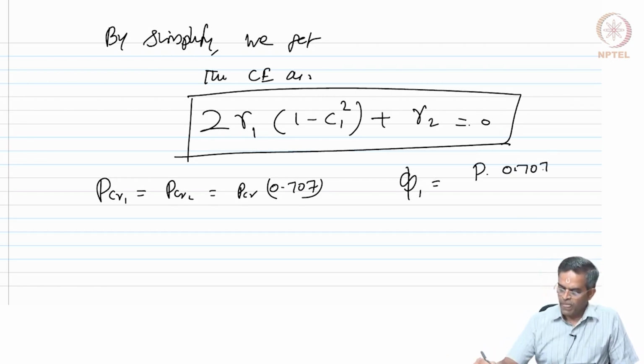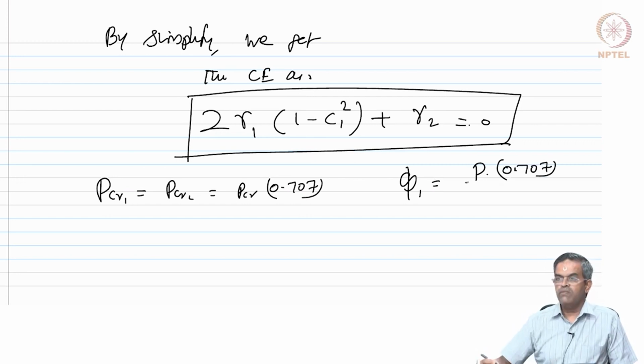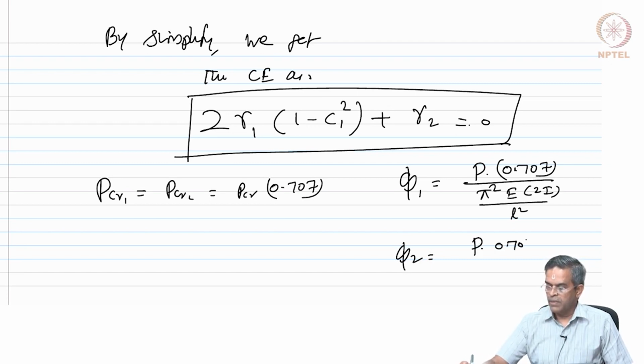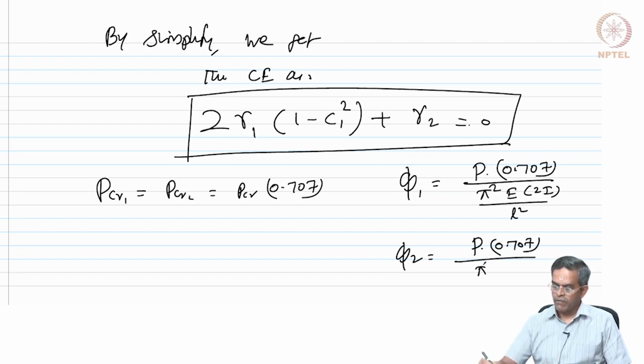Therefore, friends, we have one more relationship. Phi 1 will be P times 0.707 by pi square EI by L square. Phi 2 will be P of 0.707 by pi square EI by L square.